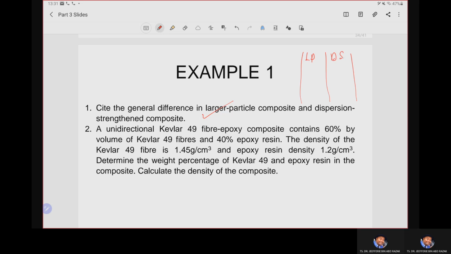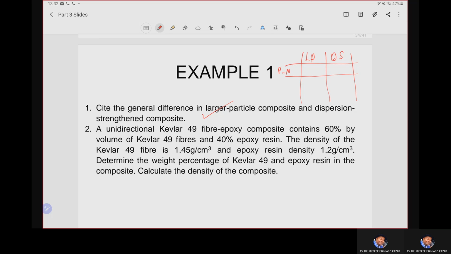You can talk about the nature of the particle-matrix interaction. In the large-particle composite, the interaction does not go below the micrometer scale, but for the dispersion-strengthened composite, the interaction goes down to the molecular level.